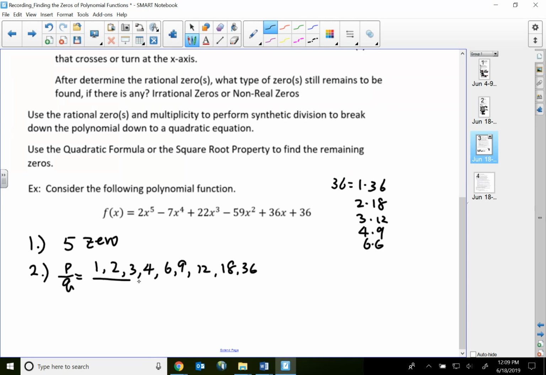All right. Over my Q, 1 times 2. So when I do my P over Q, all the integers over 1.